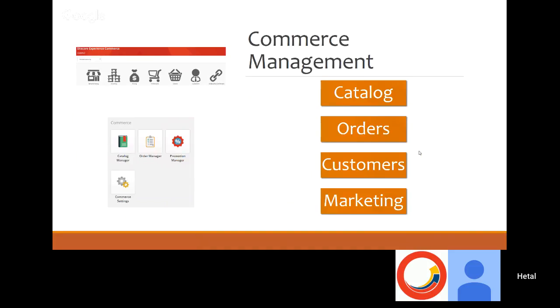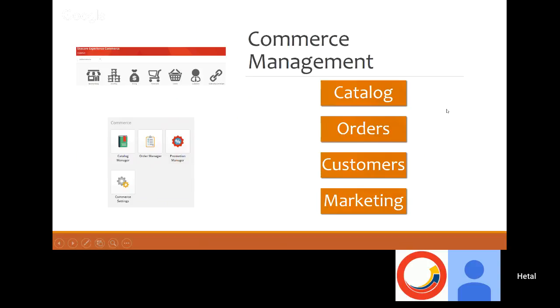Commerce management: some of the systems that I work with. The one that you are seeing below is Sitecore Experience Commerce and the tools that are available. This is how the e-commerce with Sitecore interface looks. The common tools that you would end up working with are catalog, orders, customers, and marketing.